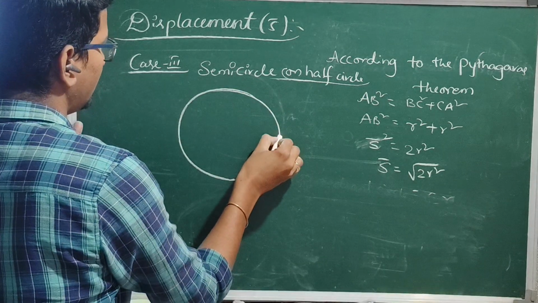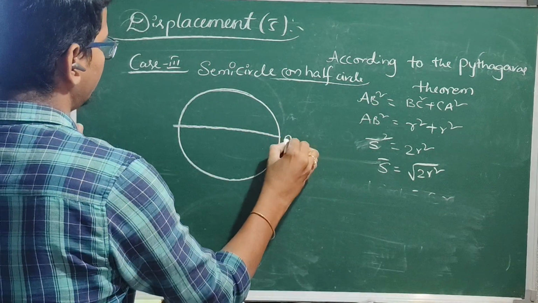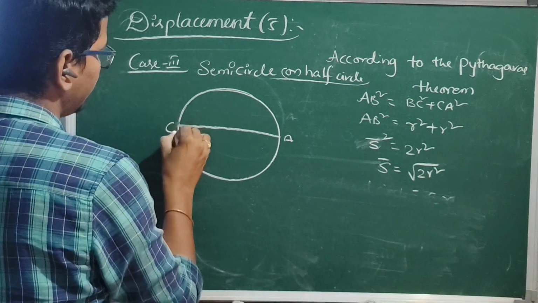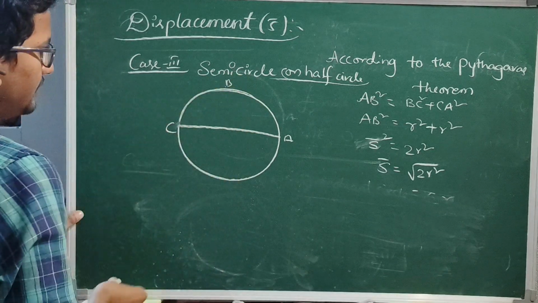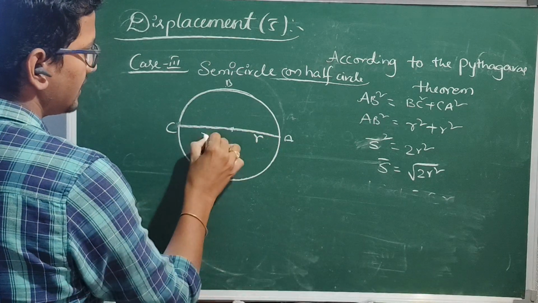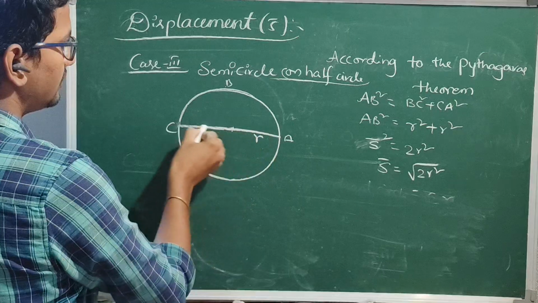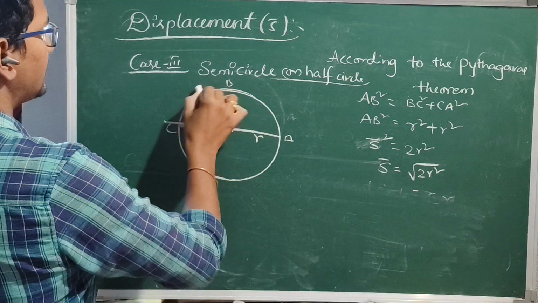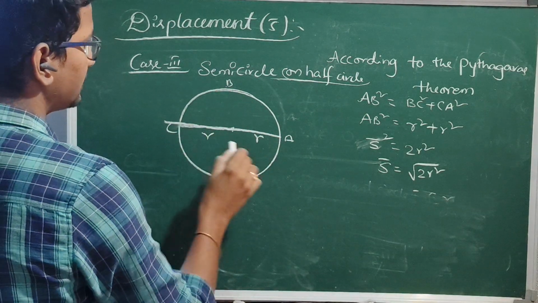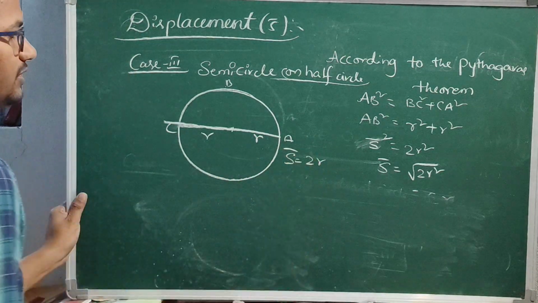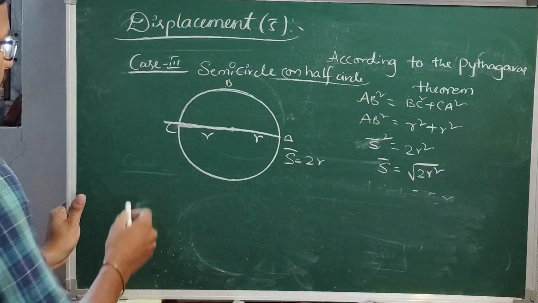This is the full circle, from A to C, and here B is the midpoint. All sides are radius and equal. What is the shortest path? This is the actual path, and this is the shortest path. R plus R, 2R. That is the displacement of the semicircle, 2R.